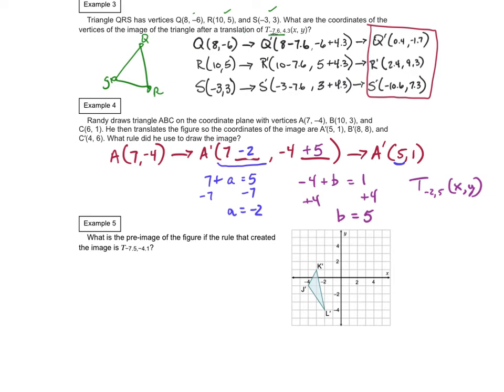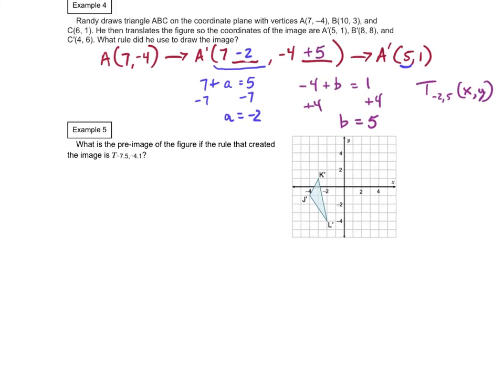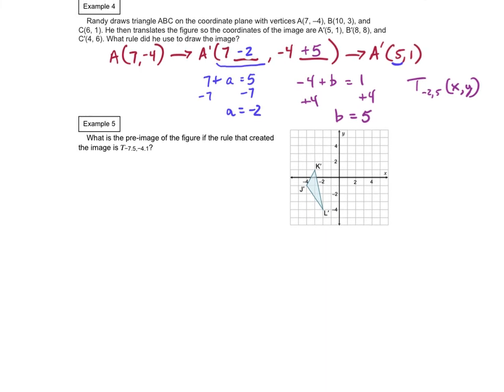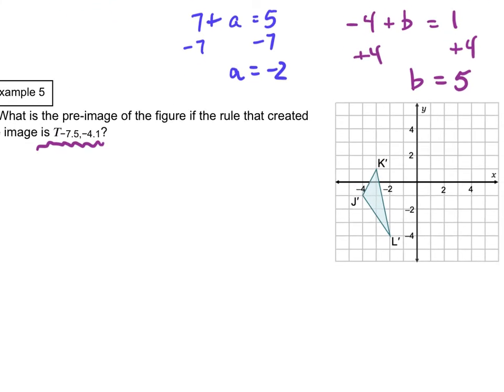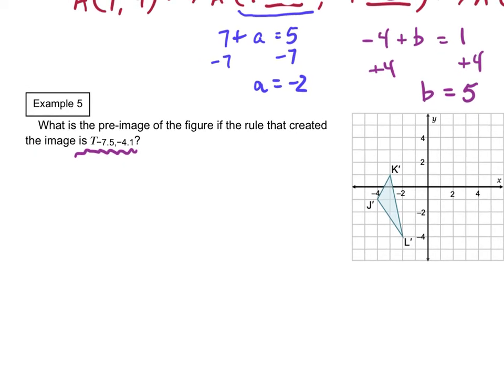All right, so let's see. Now as we go into example number 5, what is the pre-image of the figure if the rule that created the image was this? Okay, what was the pre-image? We have to reverse what happened here.